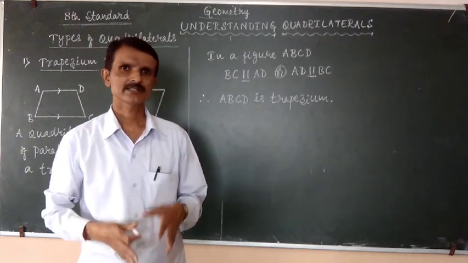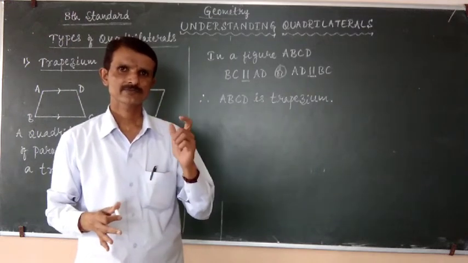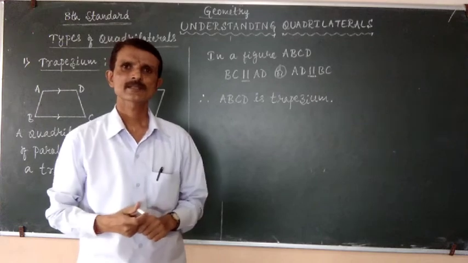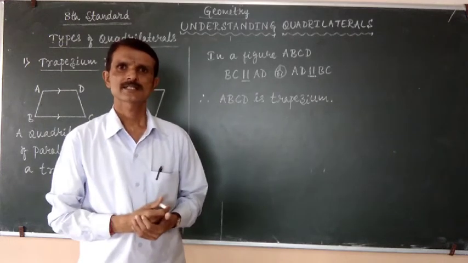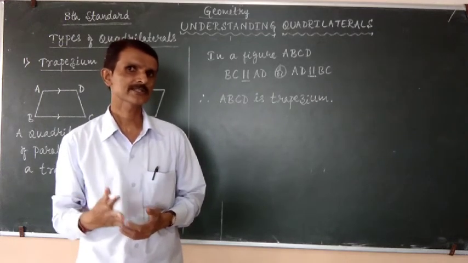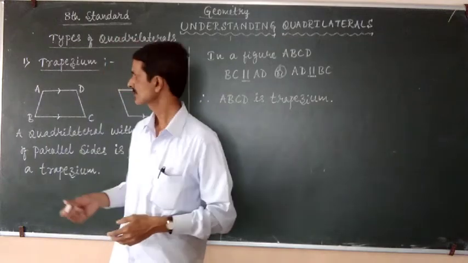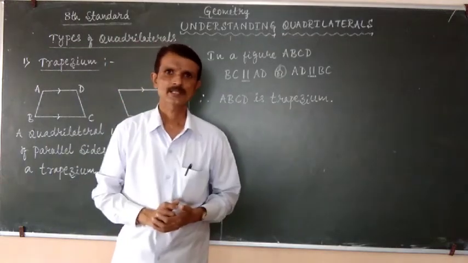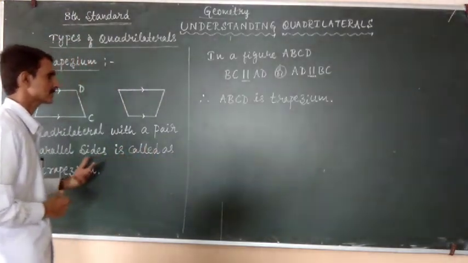Remember that in a quadrilateral, if one pair of sides is parallel, then it is called a trapezium. What about the other two sides?